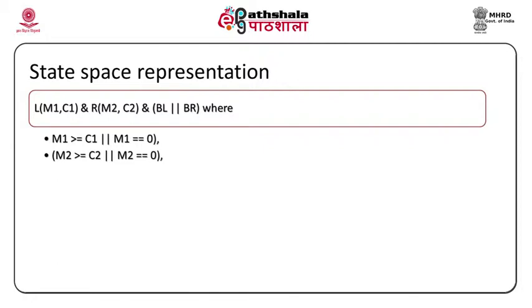That precisely describes our requirement: the number of missionaries should be greater than or equal to the number of cannibals on either side of the river. Then M1 plus M2 is 3 and C1 plus C2 is also 3, so no state will have a number of missionaries other than 3 or a number of cannibals other than 3.